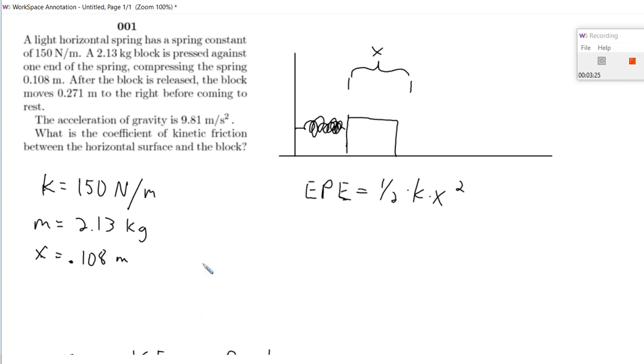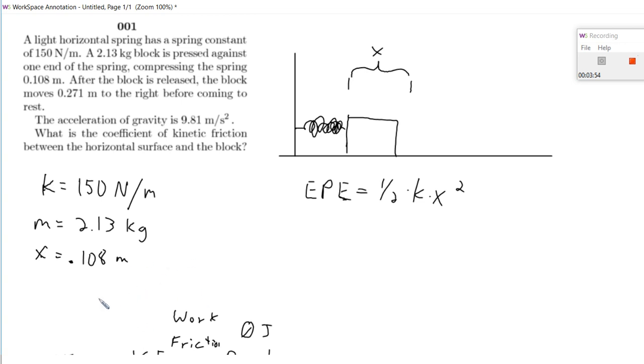Now when it's at rest, of course, it has no energy again. So we're back to 0 joules. We've got some amount here at the beginning that we'll find out. It transitions from having that EPE to having all that KE, but then in the process of coming to rest, it's doing work against friction. And that's the transition between here and there.